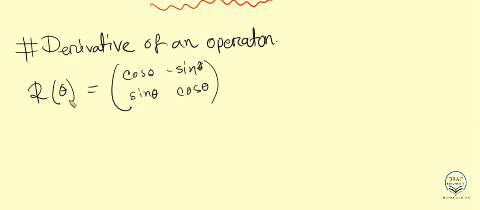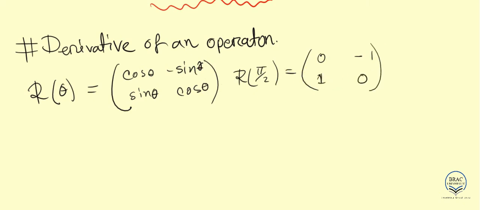That is, if you take pi by 2, so R of pi by 2 will have cos pi by 2, which is 0, sin pi by 2 is 1, so there is a minus that will correspond to minus 1, and you will have sine of pi by 2 that will correspond to 1, and finally here you will have a 0.